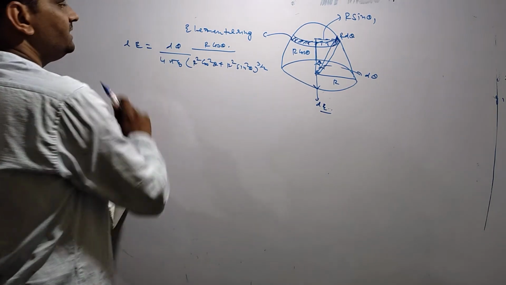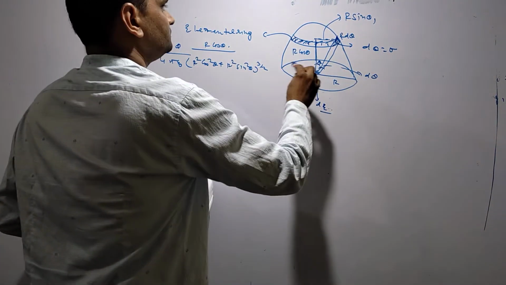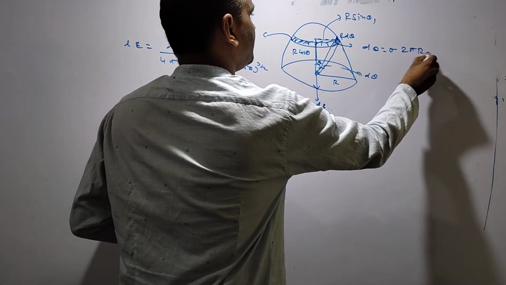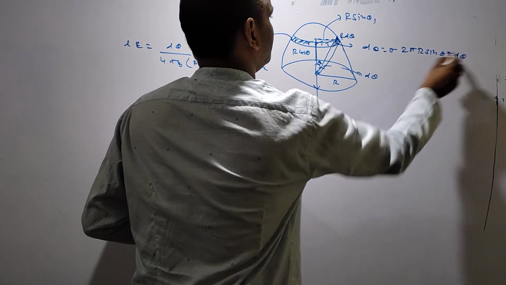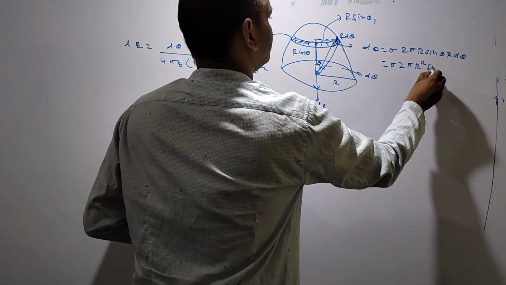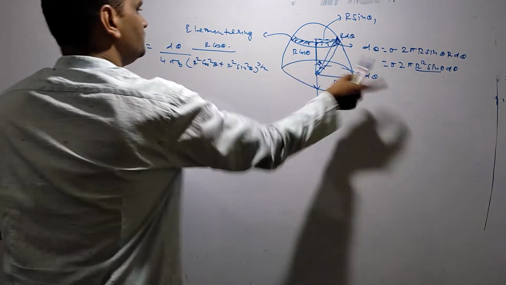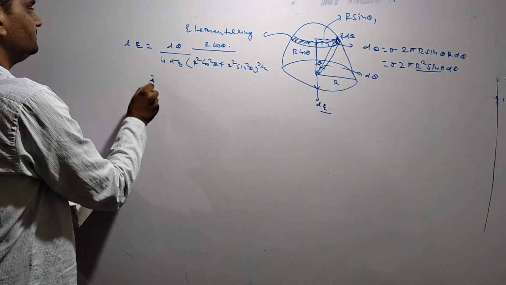Now what will be the dq? Write dq as sigma times the area of the ring, 2 pi r sin theta and r d theta. So we have sigma 2 pi r square sin theta d theta. Just put this expression of dq in this equation.